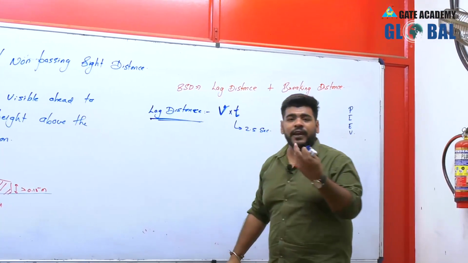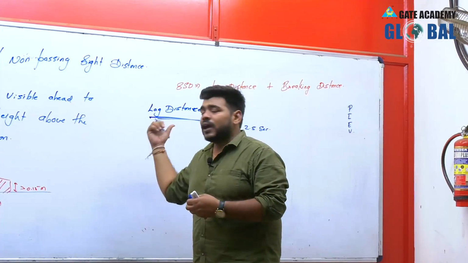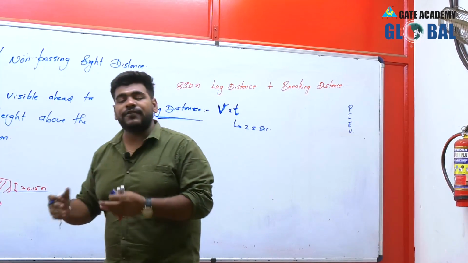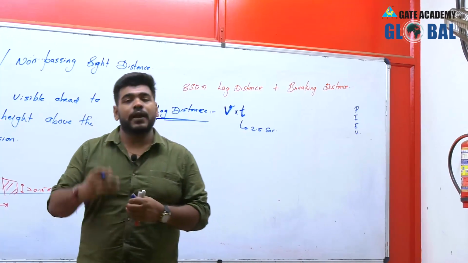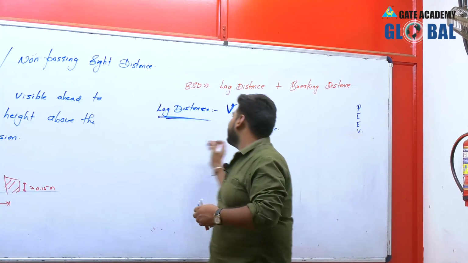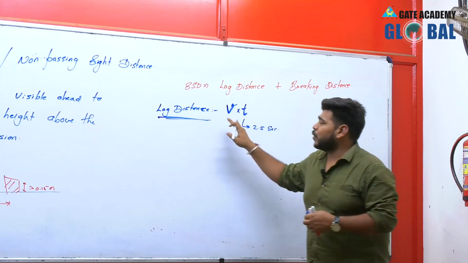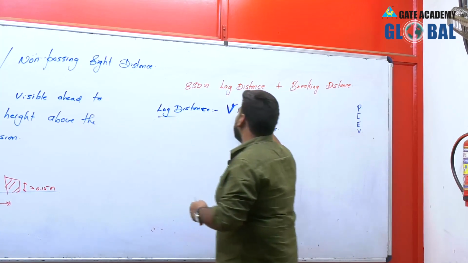So if in an examination total reaction time is not given, we are going to consider it as 2.5 seconds. Fine, so the lag distance is equal to V cross t.